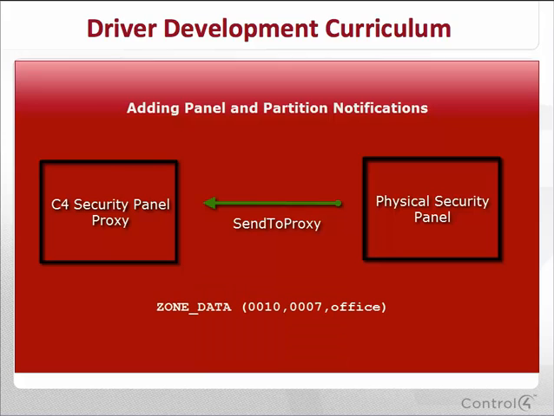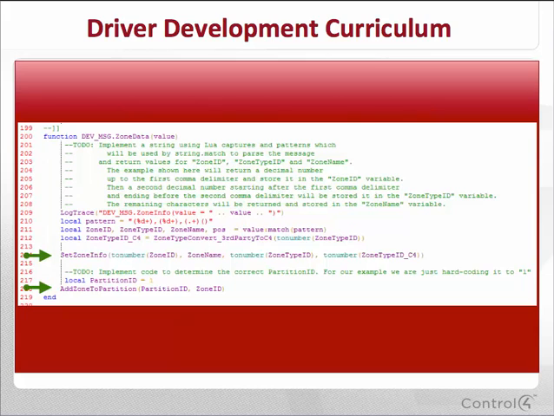We see a command name, zone_data, and then we see 3 parameters encapsulated in parentheses, and these parameters are comma delimited. Without modification, this means nothing to the security proxy. We need to parse the incoming data, which can then be sent to the security proxy through the 2 functions called here, setZoneInfo and addZoneToPartition.